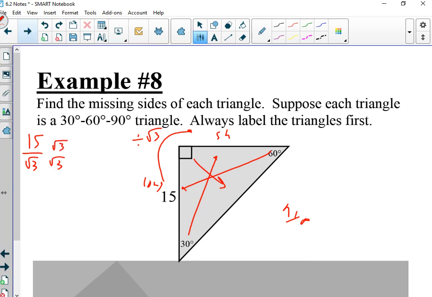Multiply by radical 3 over itself. Again, on the top we get 15 radical 3, and on the bottom we just get simply 3. Reduce gives us the 5. So the short leg is 5 radical 3. How do we go from the short leg to the hypotenuse? Multiply by 2, just the outside number, 10 radical 3.